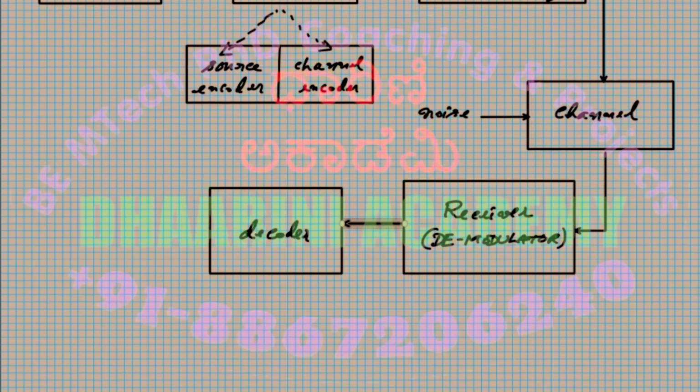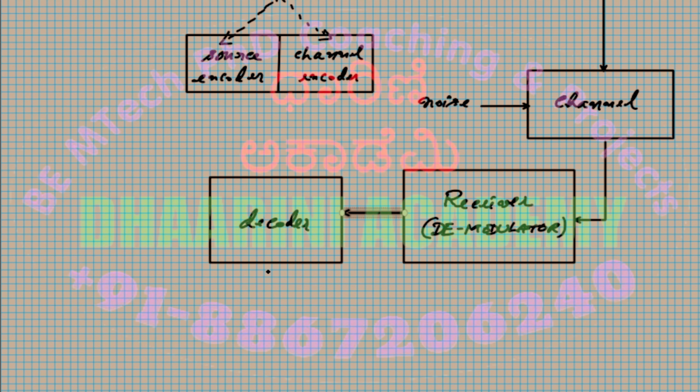Again, the decoder will have two parts in it. It has to decode two types, because we had done two types of encoding on one side. So the same thing I will do on this side.